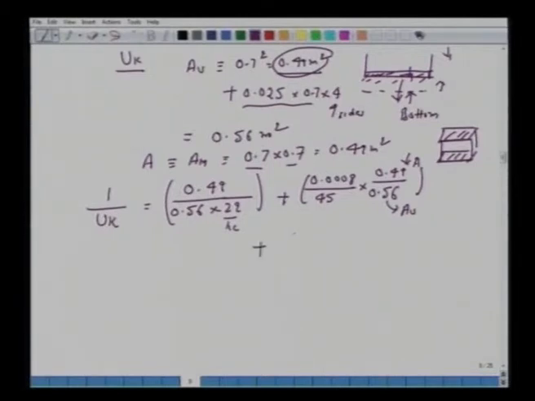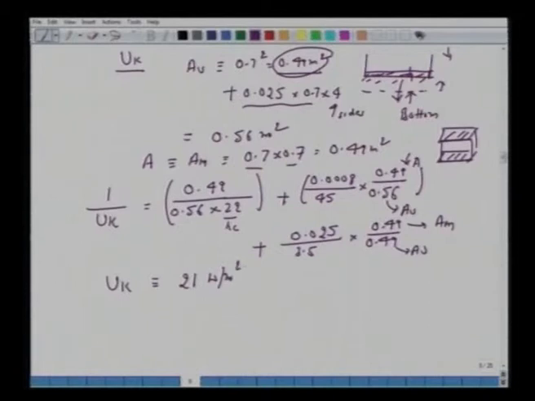Plus you have conduction through the solid surface, 25 millimeter thickness, 0.025 divided by 3.5, multiplied by 0.49 divided by 0.49. This one becomes your AU, one is your AM. Both of them are the same here. If you do this, you will get UK as approximately 21 watt per meter square Kelvin. So overall heat transfer coefficient we have calculated, UK.